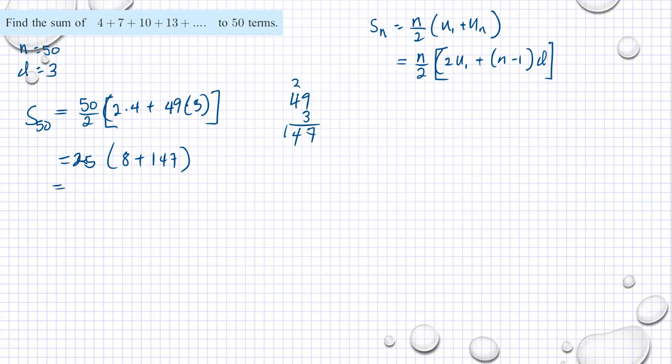I need to use my calculator this time. 25 multiplied by 8 plus 147, then we have 3,875.